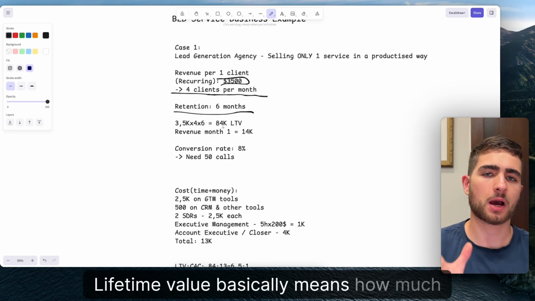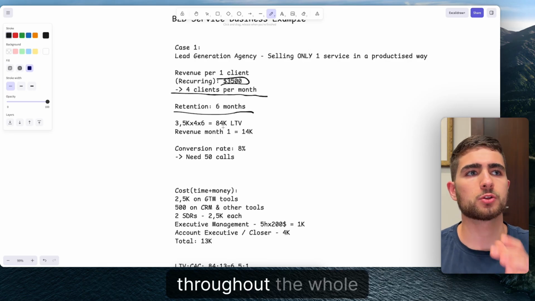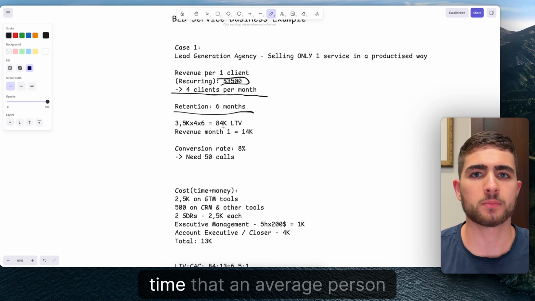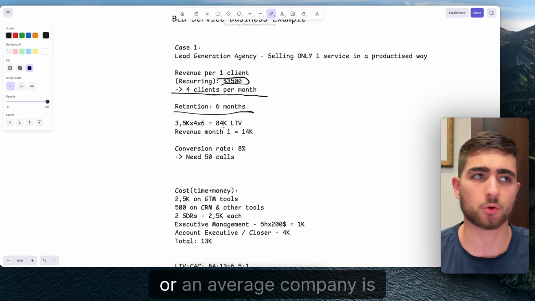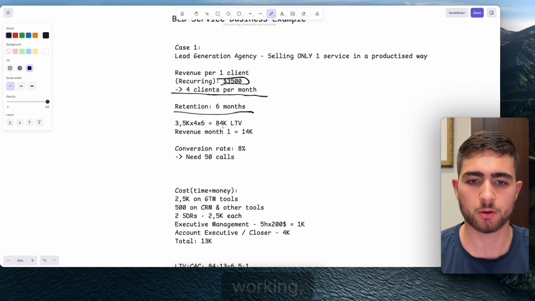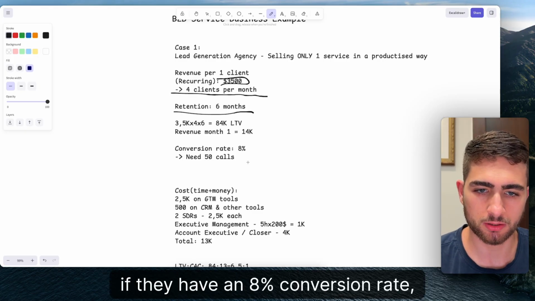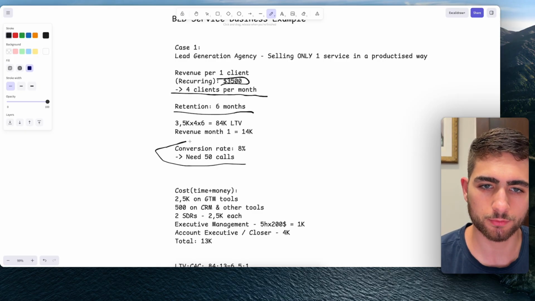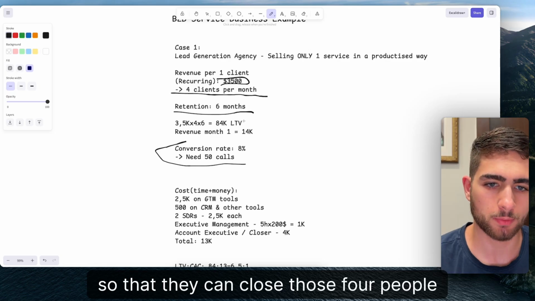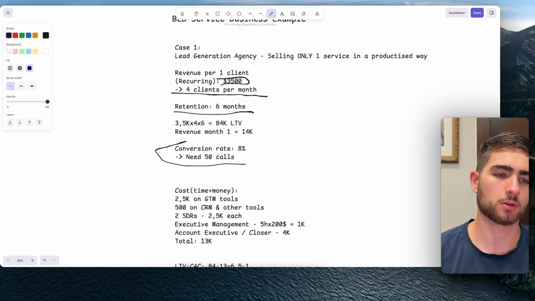Lifetime value basically means how much you make on average throughout the whole time that an average person or an average company is working with your company. Now, if they have an 8% conversion rate, they need 50 calls a month so that they can close those 4 people and generate that $84,000 lifetime value.